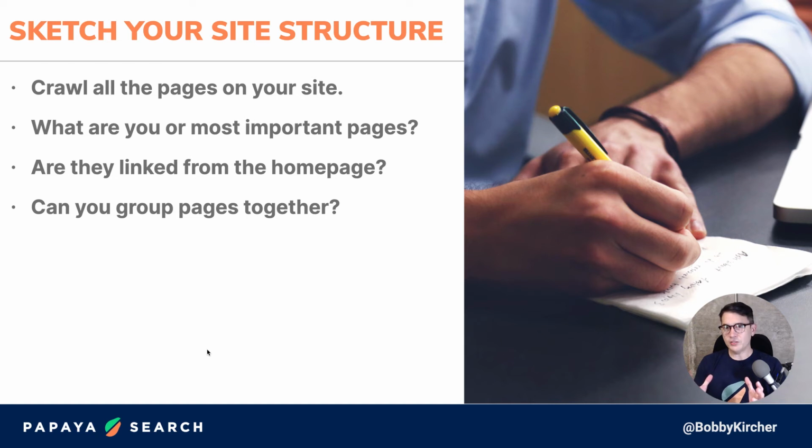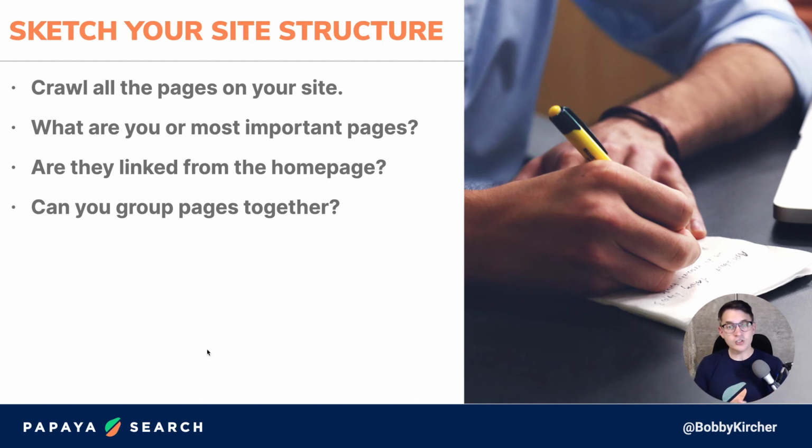Can you group these pages together? Is there content that can be lumped together in a group, and then you can create a guide, or what we call, if you follow the HubSpot model, pillar posts, and you create a piece of content that unites all these other smaller pieces of content?